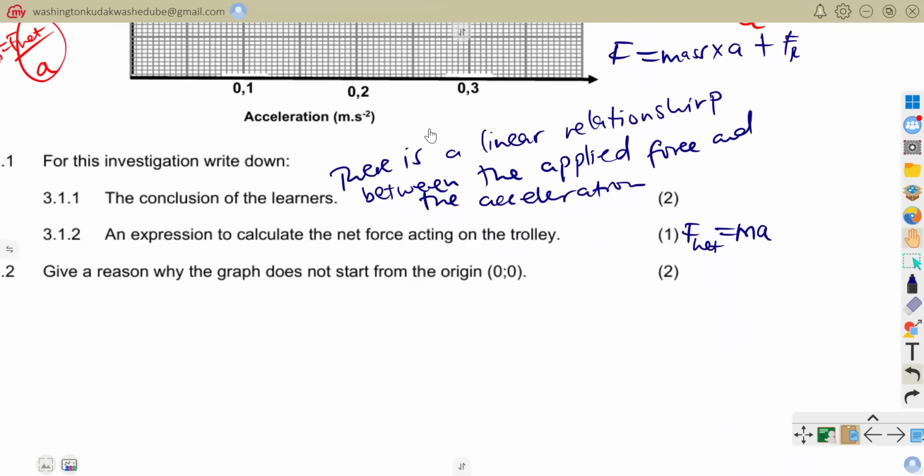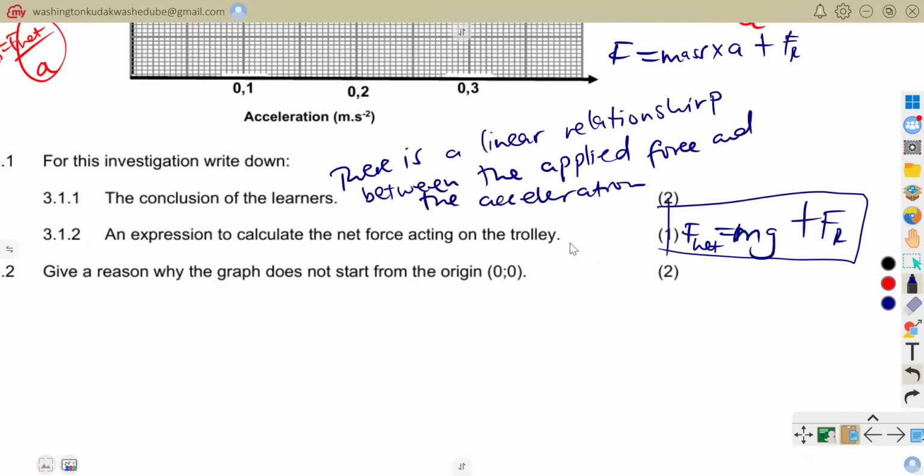So the expression would be mass times gravitational acceleration plus my frictional force. That can be the simplest expression that I can use.